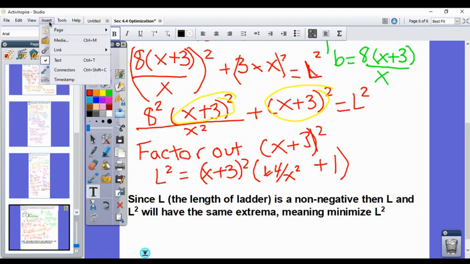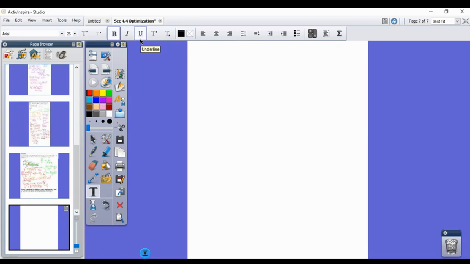I'm going to add another page after this.